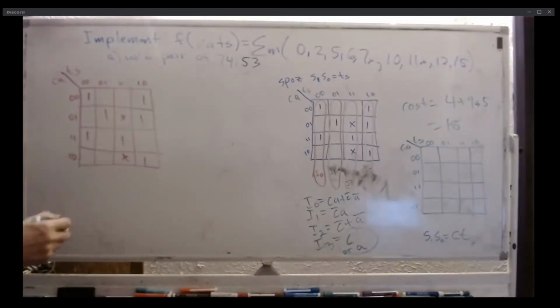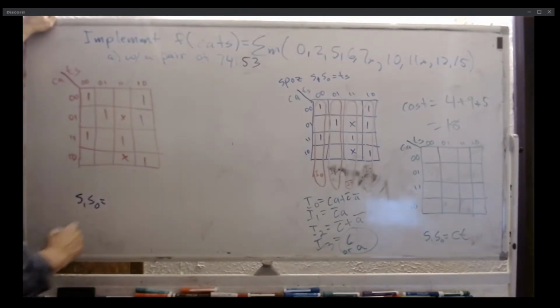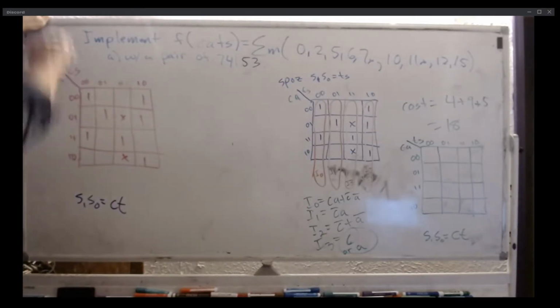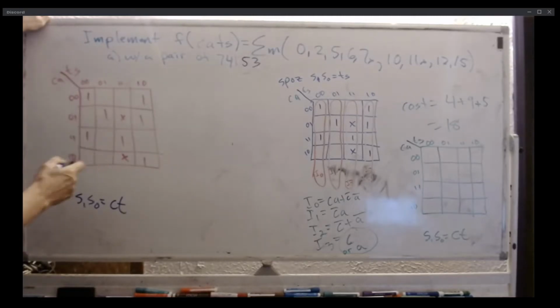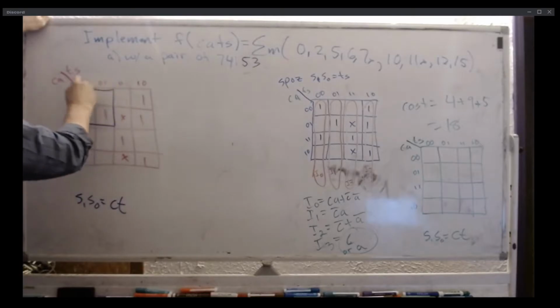But with our select lines being CT, the minterms associated with I0, I1, I2, I3, those change, right? So isn't I0 going to be those first 4 top left squares? Yes, it will. This is I0.